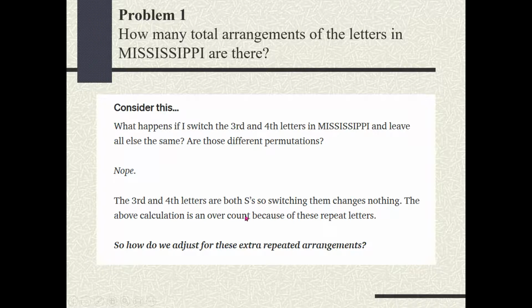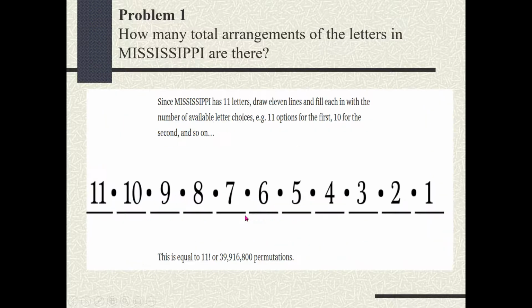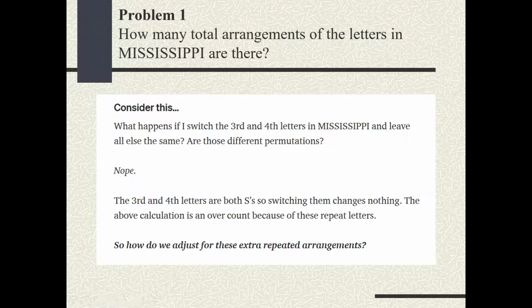So that means that the calculation we just did, that is 11 factorial, is not respecting the fact that there are some repeated letters in this word. So we need to adjust for these repeated letters or repeated arrangements.